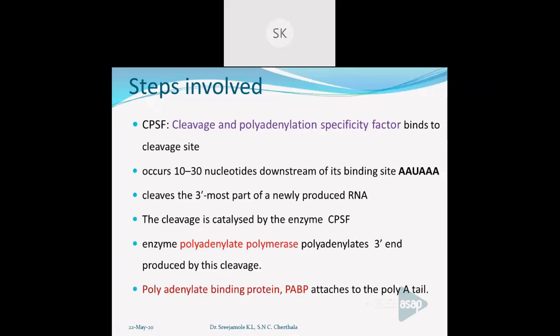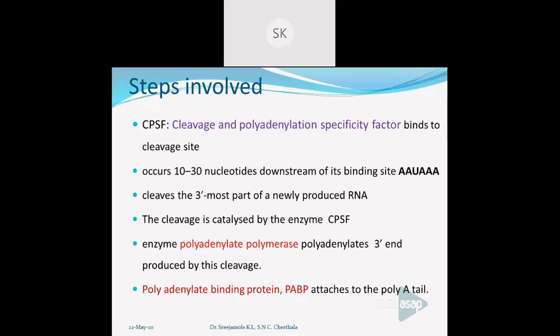As we have already mentioned, the cleavage site is 20 to 30 nucleotides downstream of the very conserved AAUAA site. CPSF binds to this cleavage site, or poly-A site, and cleaves at that point, removing the rest of the mRNA from the pre-mRNA transcript.